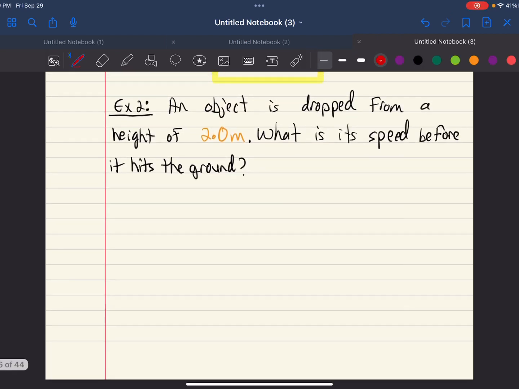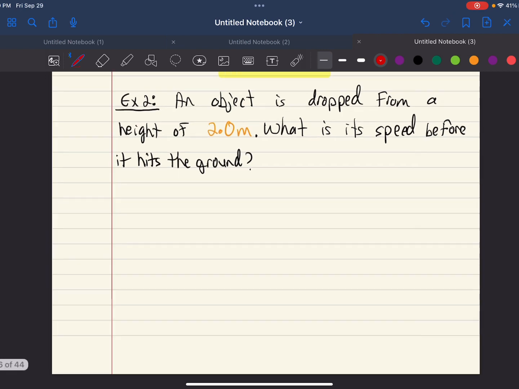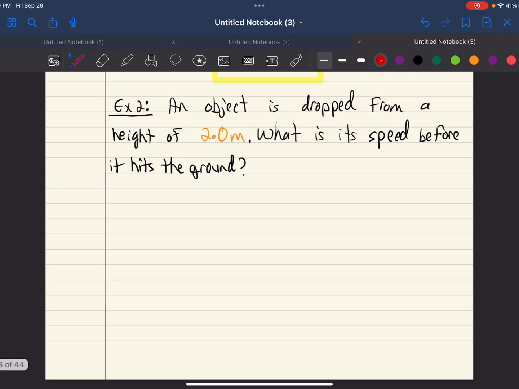All right, in our final example here, and this is an example that often people get stuck on. If you do the algebra properly, it should be okay. So an object is dropped from a height of 2 meters. What is its speed before it hits the ground? Okay, so you have the object being dropped.